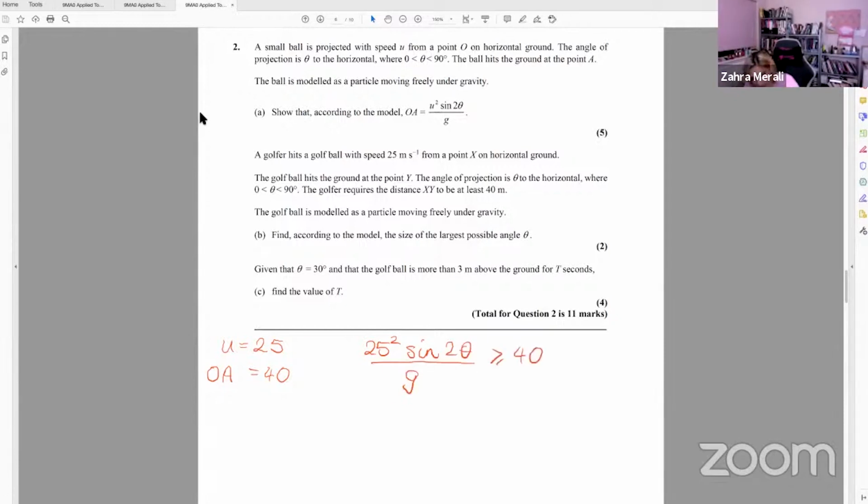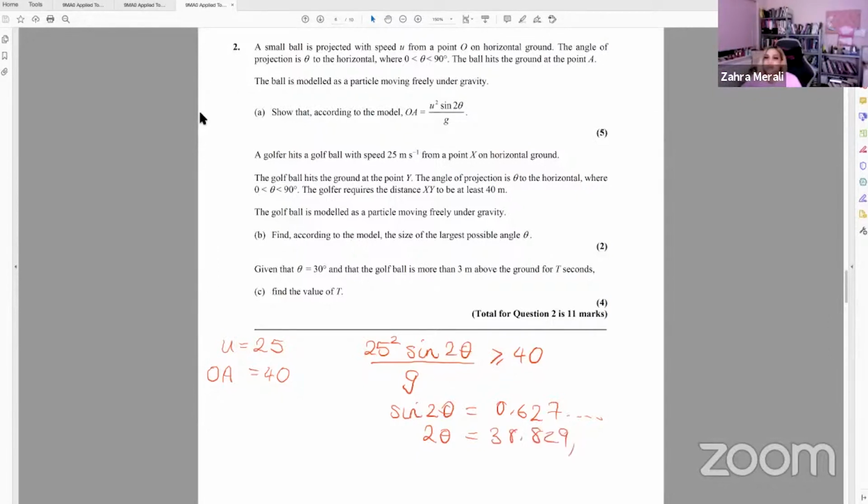We're going to rearrange that for sine 2 theta. It gives us 0.627... Inverse sine of that, inverse sine 0.627, gives me 38.829.